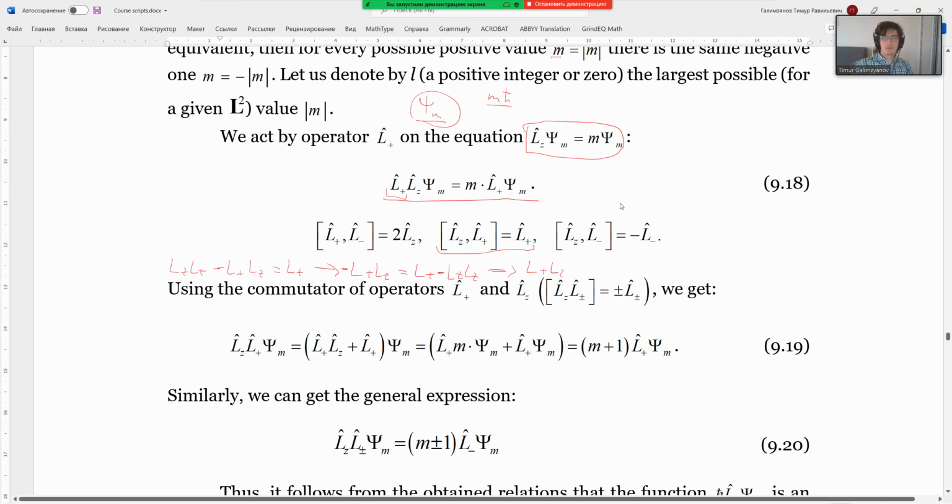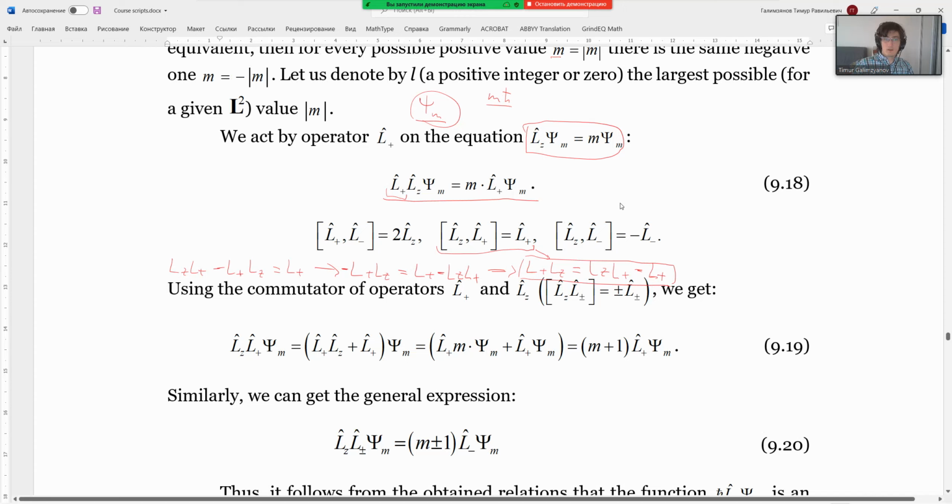So L plus Lz equals Lz L plus minus L plus. Am I right or not? So that's what we get from this commutator.